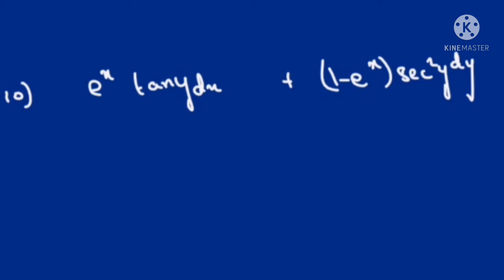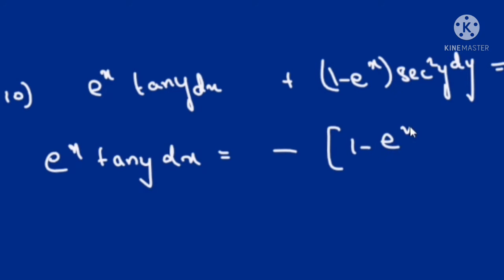Question number 10. e power x tan y dx plus 1 minus e power x secant square y dy. We are going to use the variable separable method. We have to separate the variables. e power x tan y dx is minus 1 minus e power x secant square y dy.